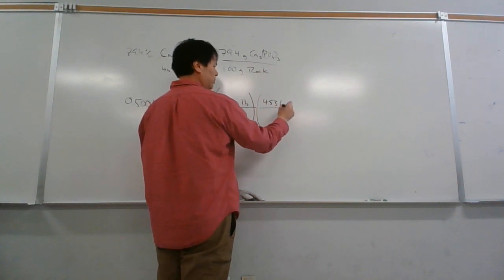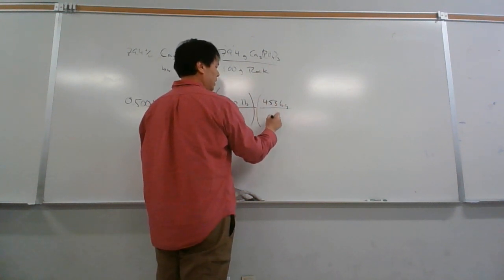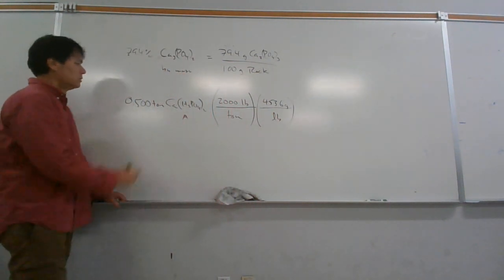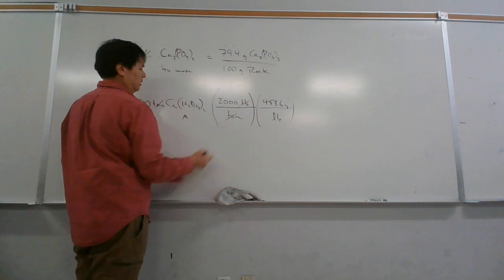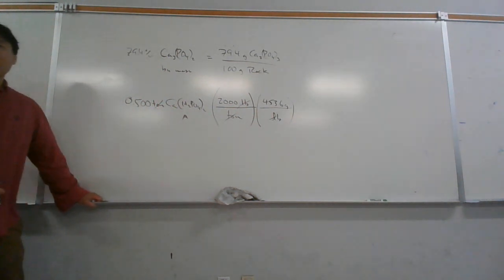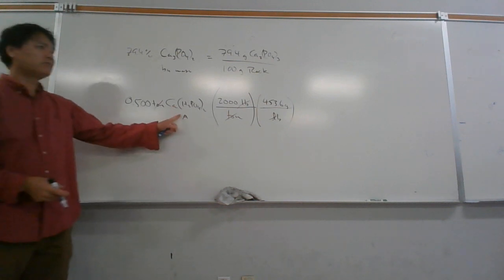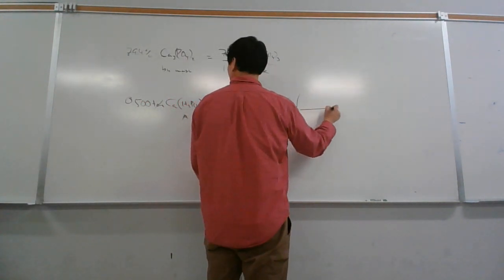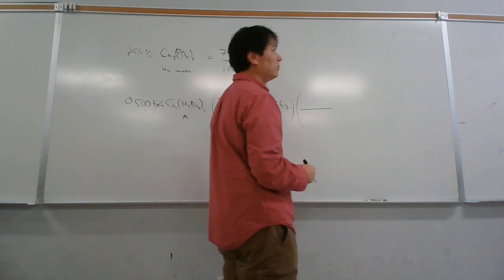We'll go with 453.6 grams per pound. You don't need to know this, those will be given. So we have tons cancel, pounds cancel, that gives us grams of product, grams of A. So we go from grams of A to moles of A. And so we'll need to know the molar mass of this.